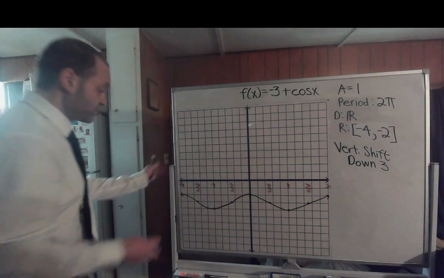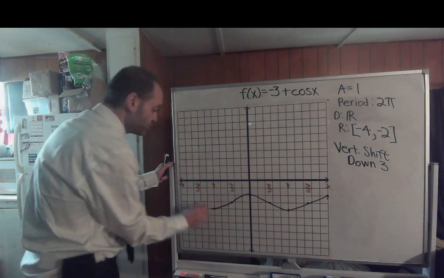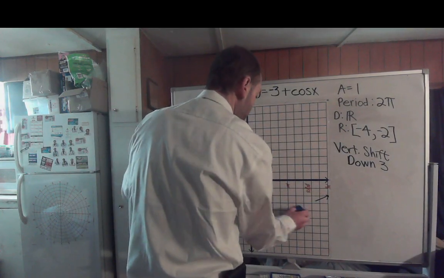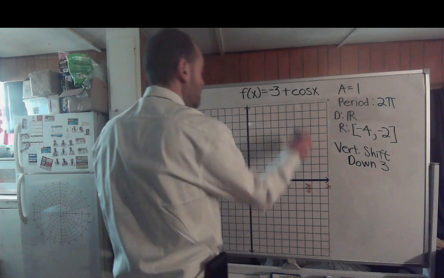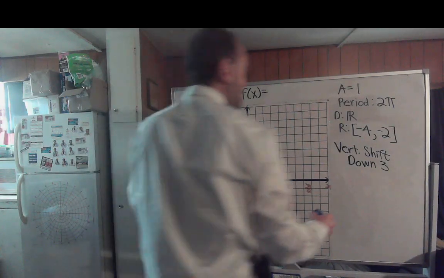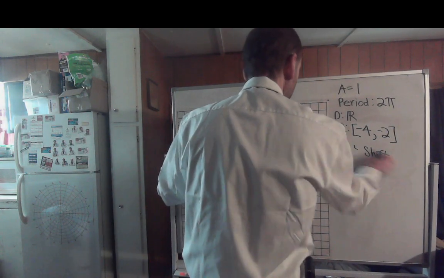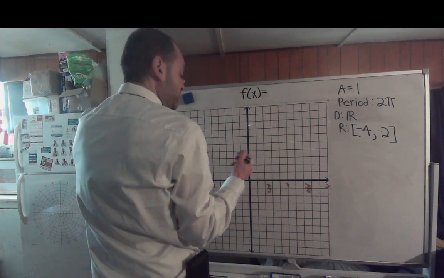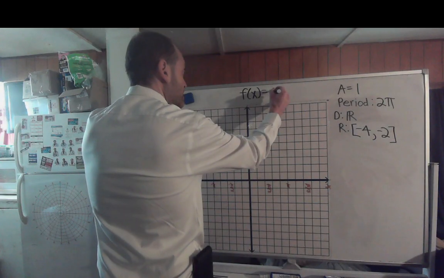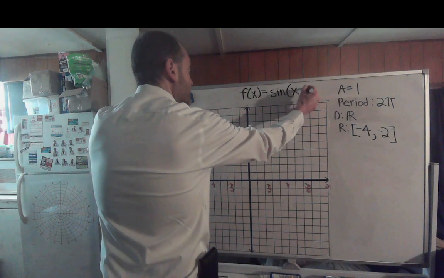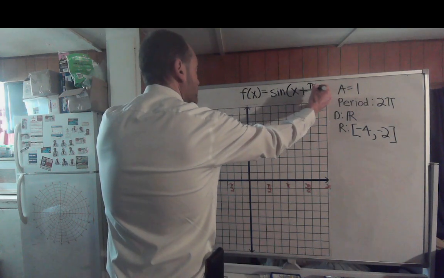Alright, let's also talk about horizontal shifts of functions. So let's see, f of x equals the sine of x plus pi over 2.